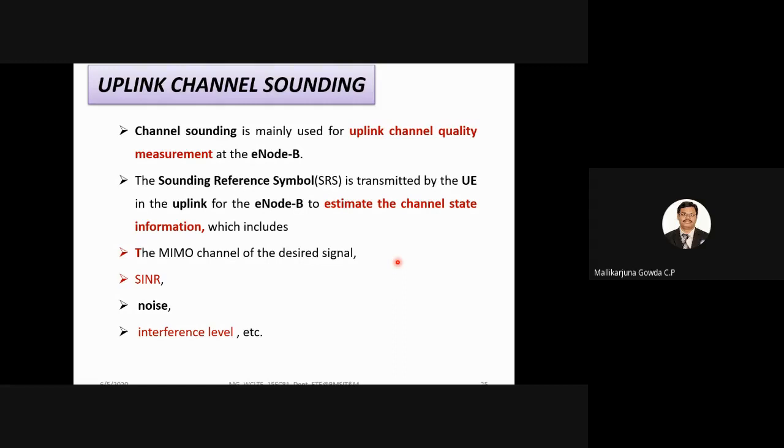So CSI includes these things: SINR, noise, interference level, etc. That is required to know the channel quality. That information will be transmitted from the user equipment through SRS, the sounding reference symbol, to the eNB to understand the channel quality in the uplink.